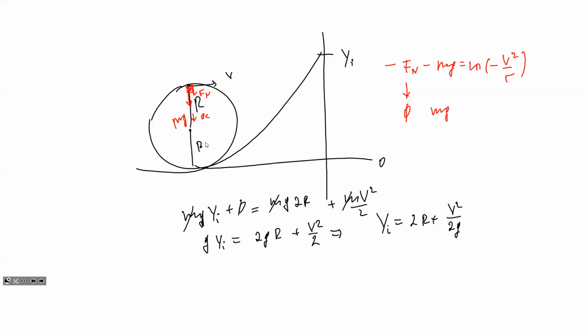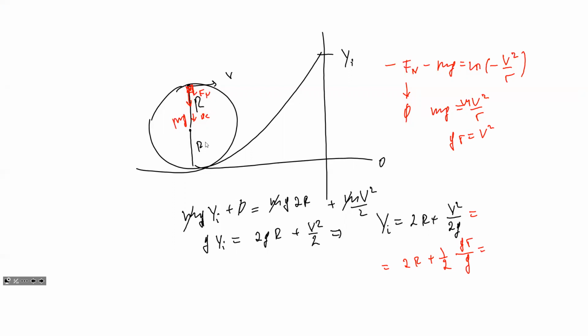That tells us mg equals mv squared over r, m cancels. So gr equals v squared, and 2r plus v squared over 2g becomes 2r plus 1/2 over gr.